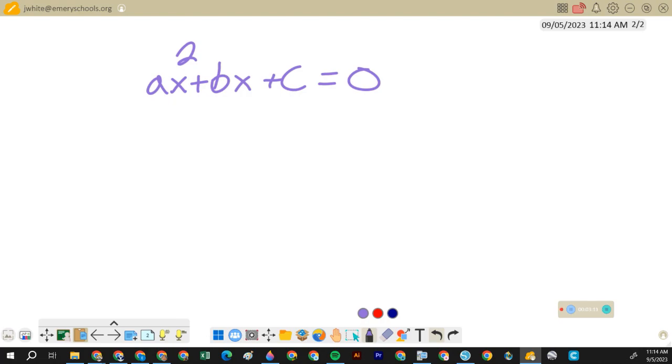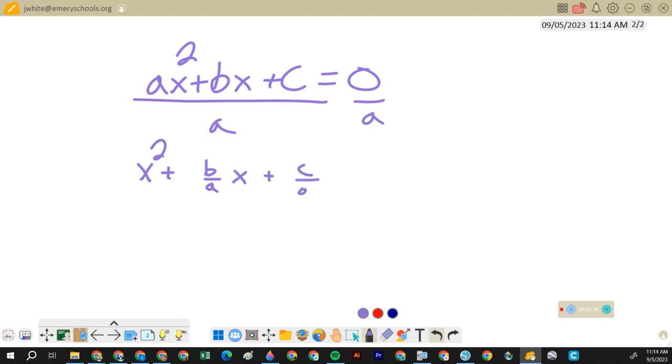So I'm going to divide everything by a. Is that allowed? Will that change the graph? Yes. Will it change the roots? No. And all I care about are the roots. So I now have x squared plus b over a x plus c over a is equal to 0.